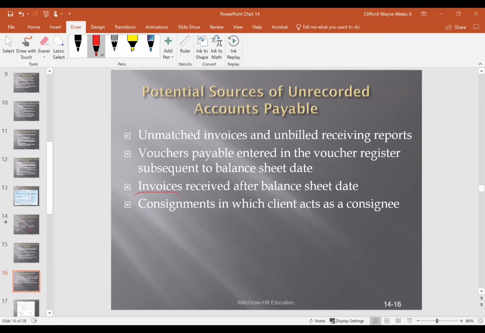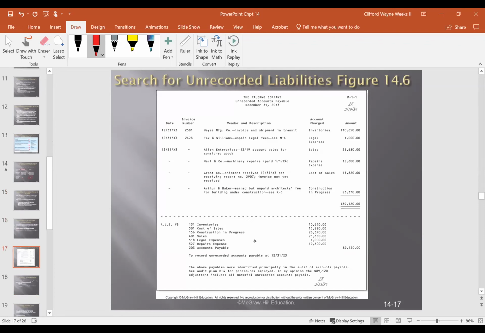They usually send the product, then follow it up with your invoice, so you may not get your invoice until midway through January. But because they shipped your product in December, and it was FOB shipping point, you not only own that inventory, you also owe that liability. Then consignments in which the client acts as a consignee. You want to check that sort of stuff too.